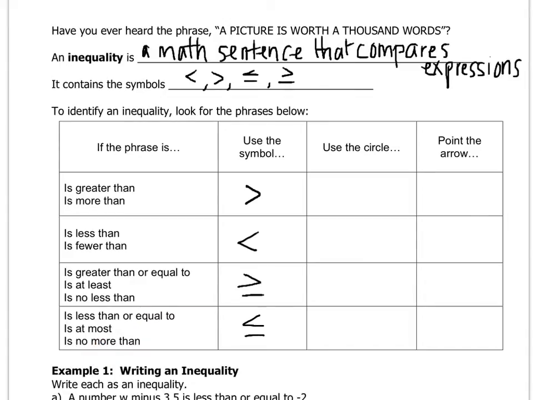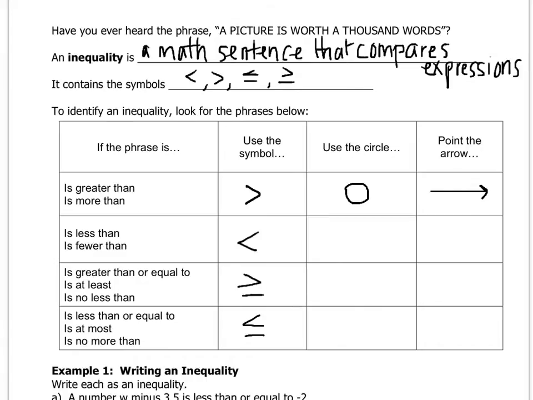As you get more familiar with these, it will come more logically to you which symbol to use, but for now we're going to just focus on the phrasing. When we go to graphing these, we're going to do 2 types of graphing. One is going to be on just a straight number line, and the other is going to be on the coordinate grid. If we're on the number line, for greater than we use an open circle, and it's going to point to the right.